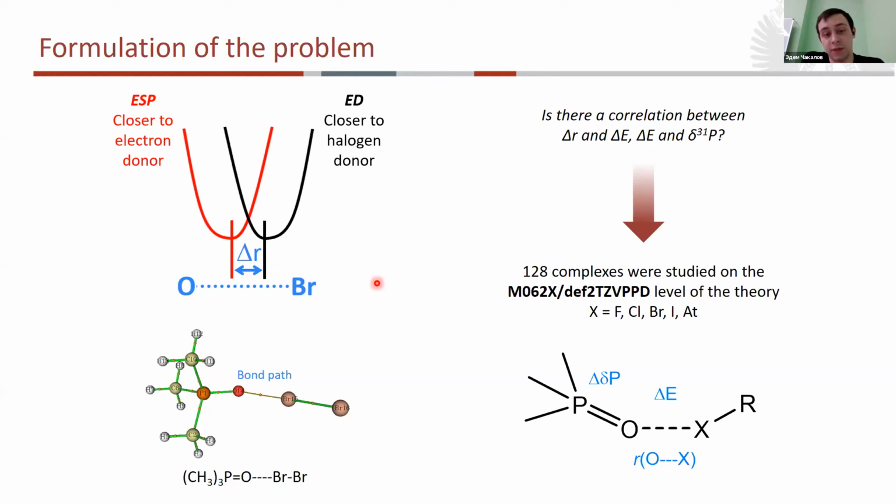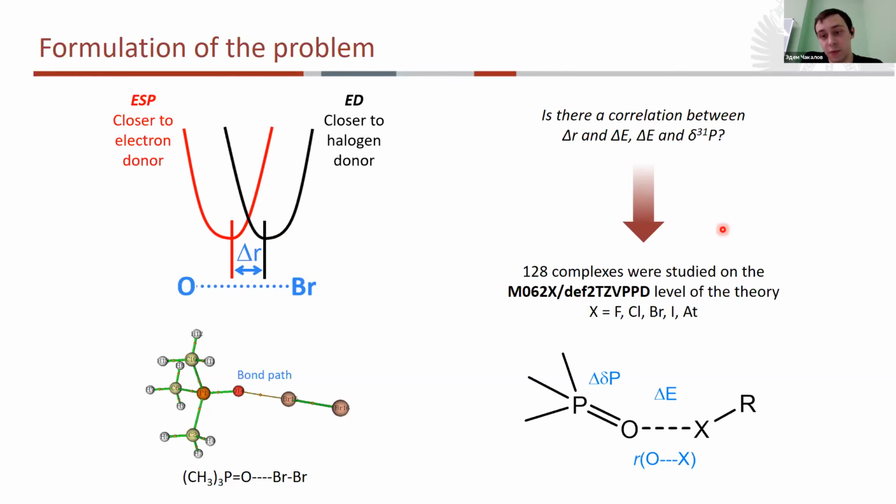Moreover, when the electron is donated by the oxygen atom of a PO group, the halogen bond formation and the corresponding electron density redistribution should cause a change of the phosphorus-31 chemical shift. Thus, the aim of our work was to examine the correlation between chemical shift and the halogen bond energy, length, strength, and the distance between these two minima.